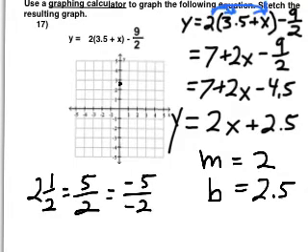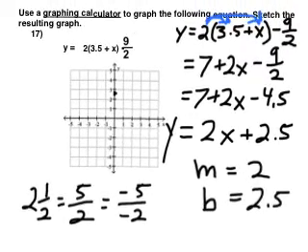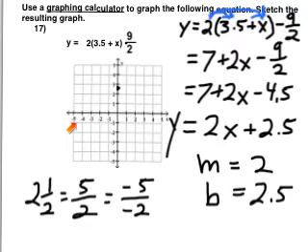So I'll go down 5 and back 2. Okay, down 5. 1, 2, 3, 4, 5, and then back 2. 1, 2, so it'll be right there.